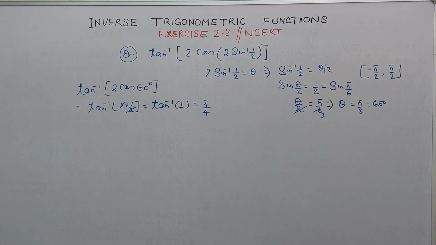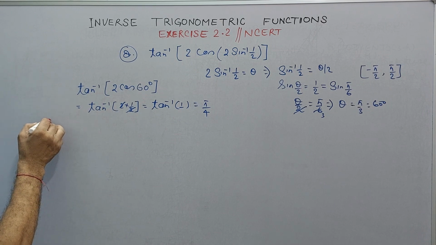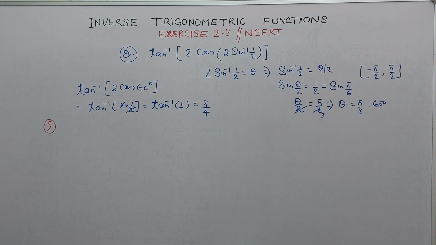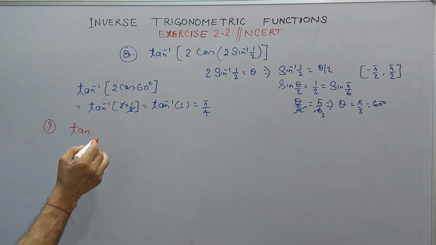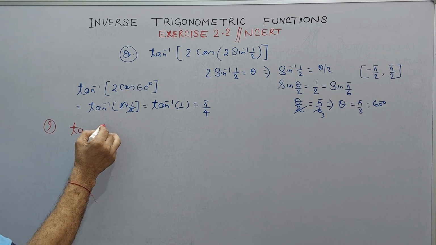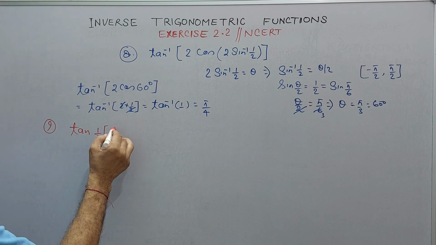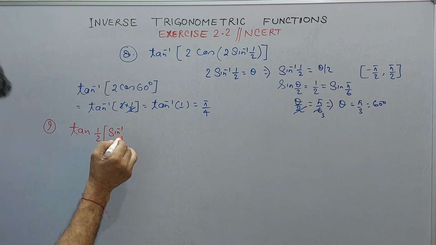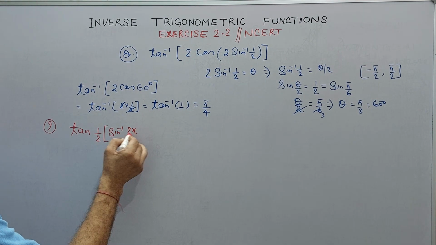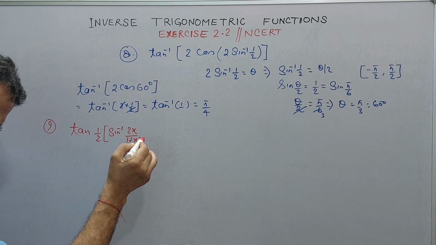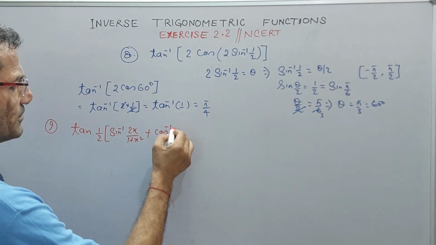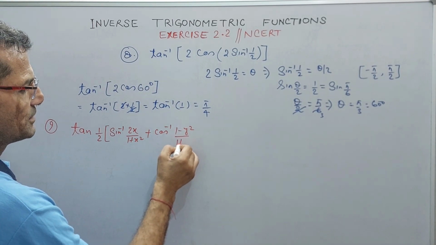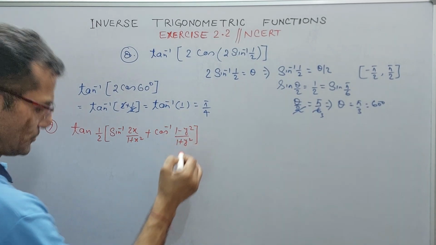Now question number 9 of exercise 2.2. Find the value of this function: tan half of the bracket, sine inverse 2x divided by 1 plus x square, plus cos inverse 1 minus y square divided by 1 plus y square, and the bracket is closed.